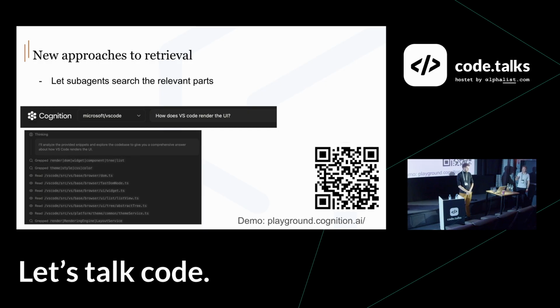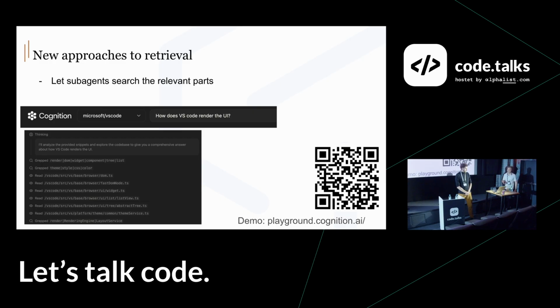And what they have in this example is this new retrieval method where they spawn multiple agents to search for relevant context. In this case, since it's a coding agent, they do it on a code base, and they have this demo running on a few popular code bases. So for example, this one is on VS Code, and I typed how does VS Code render the UI.